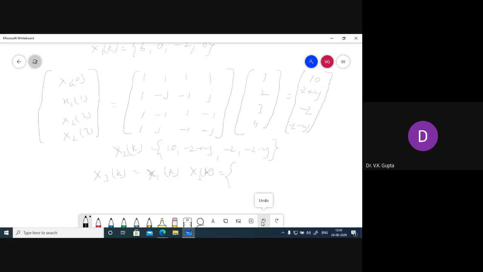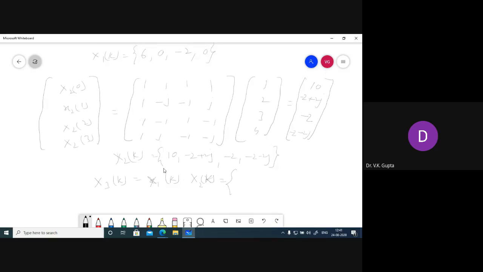These two sequences are multiplied in the frequency domain, and the multiplication will be point by point. 10 multiplied by 6 is 60. 0 multiplied by this is 0. Minus 2 multiplied by minus 2 is 4.